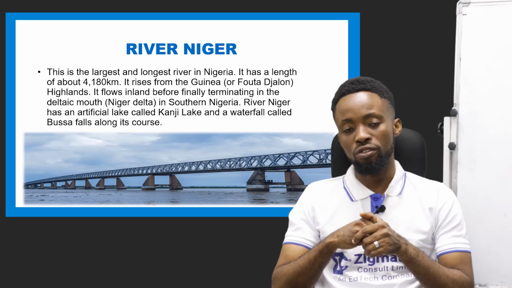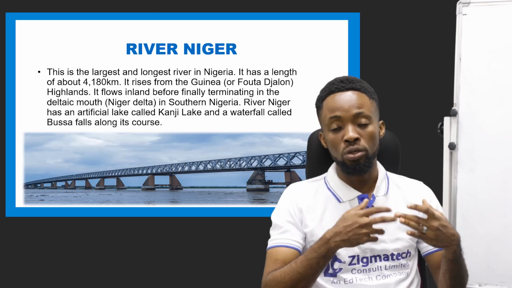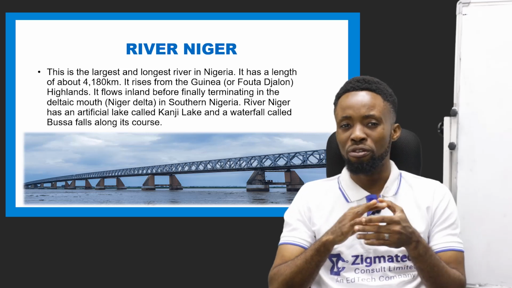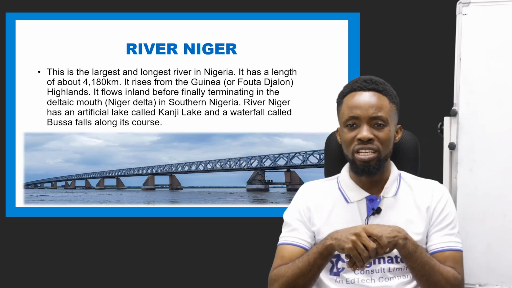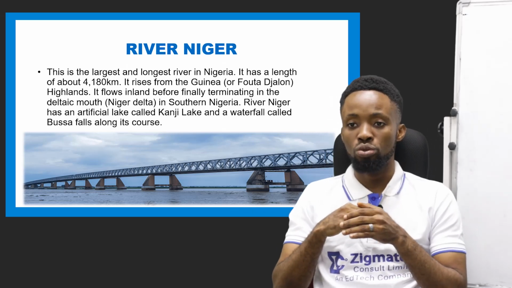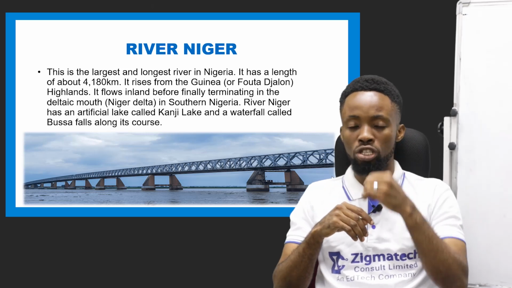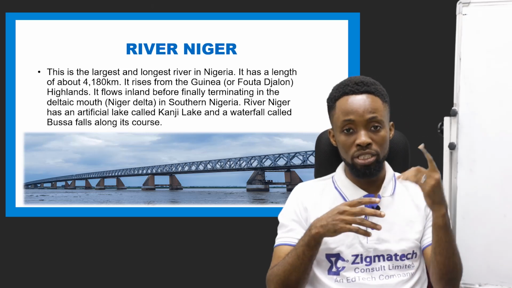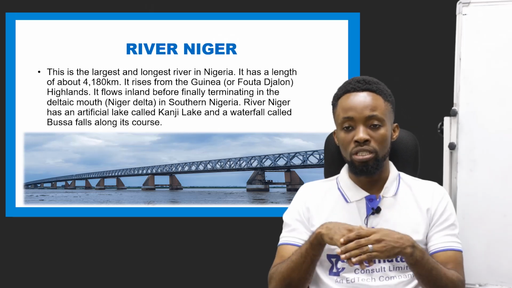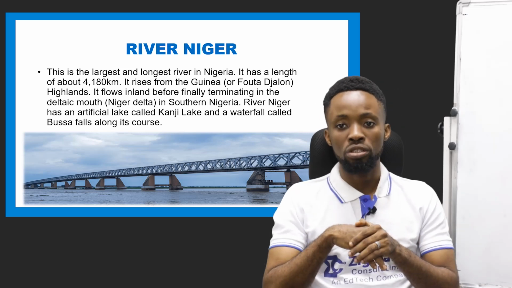The source of this river is from the Futa Jallon or the Guinea highlands, and it has a distance of about 4,180 kilometers all the way from Guinea down to Nigeria. And it flows inward into Nigeria from the northwest, and it terminates down in the Atlantic Ocean via the Niger Delta region.